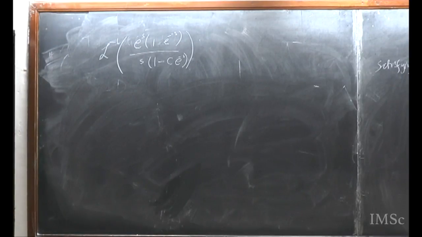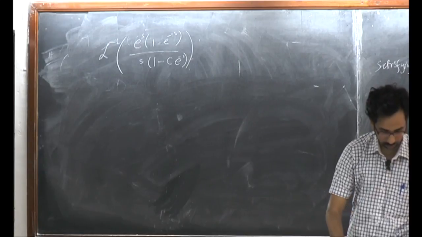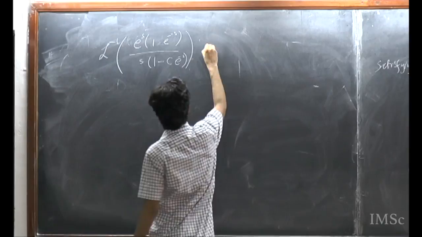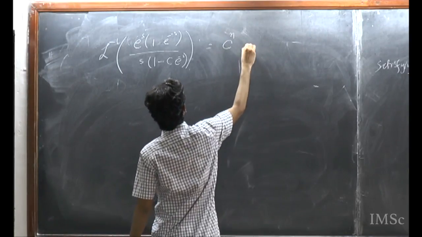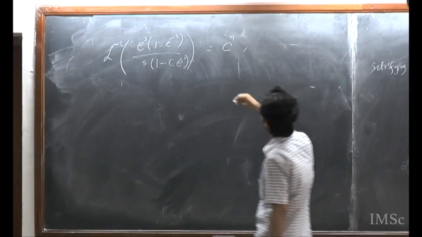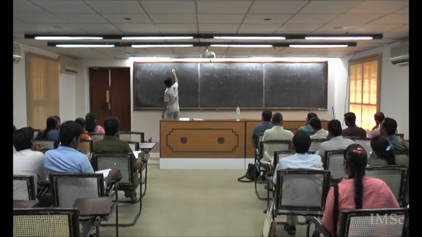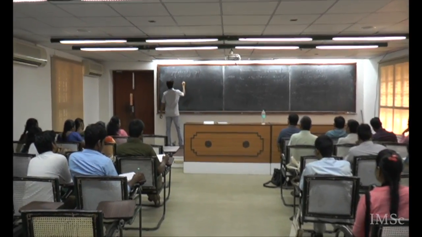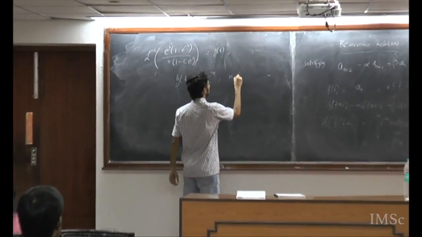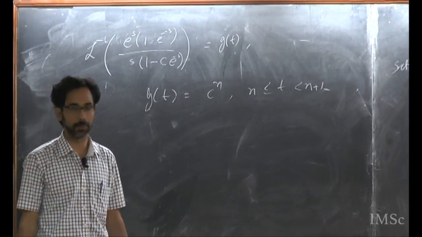Here I am going to cheat a little bit, and I'll just tell you the answer. This is g(t), where g(t) equals c to the power n for n less than or equal to t less than n plus 1.